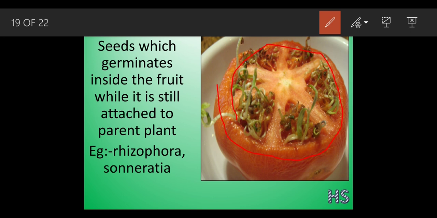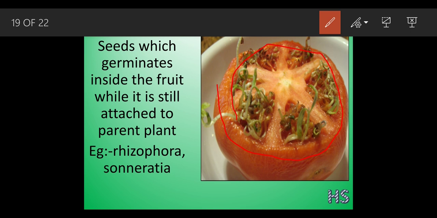See, inside the tomato there are many seeds. When these seeds get favorable conditions inside, they start to germinate. So viviparous germination means the seeds germinate inside the fruit while it is still attached to the parent plant.